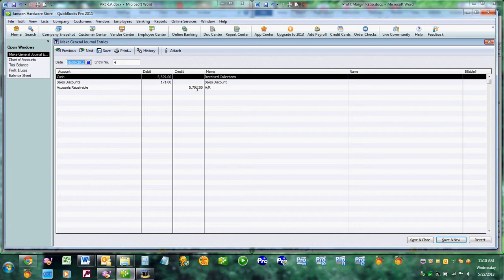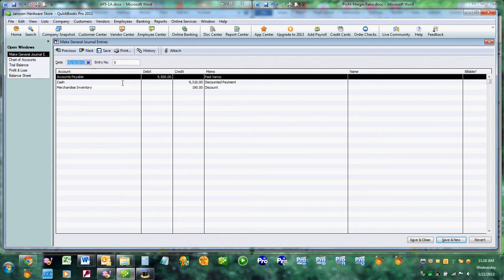Next one, paid Vanco Wholesale Supply in full, less discount. That's this journal entry. It's $9,500 to debit accounts payable. It's $93.10 cash is how much was actually paid, and the discount we got was $190, and that is a credit to merchandise inventory.